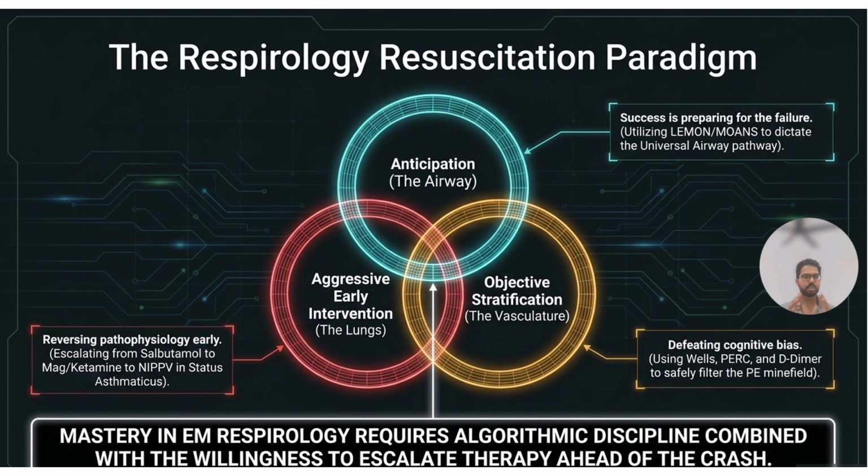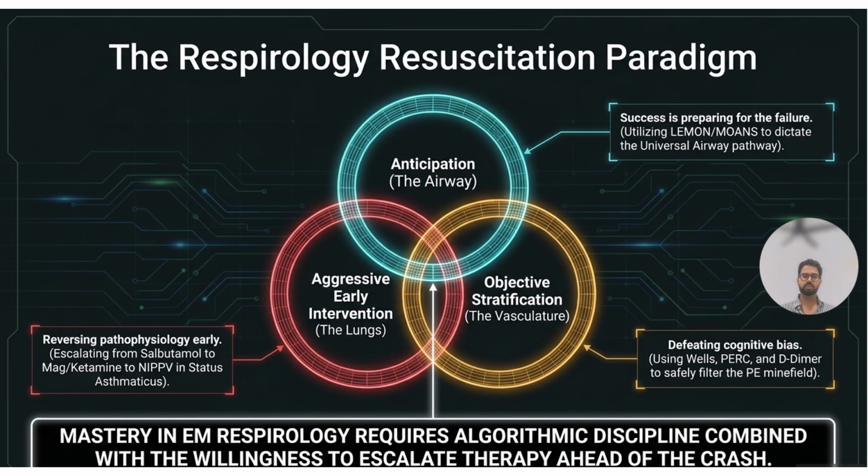So again, what's the underlying theme here? For the CCFP-EM exam, we need to look at the respirology resuscitation paradigm. So we need to consider anticipation of whether this is going to be a difficult, a crash, or a standard airway.